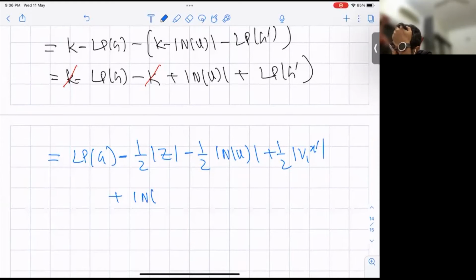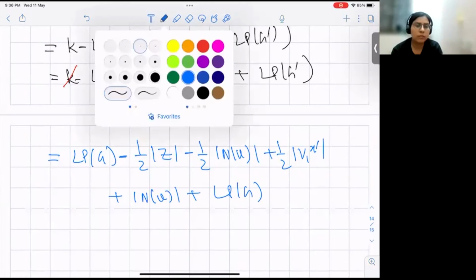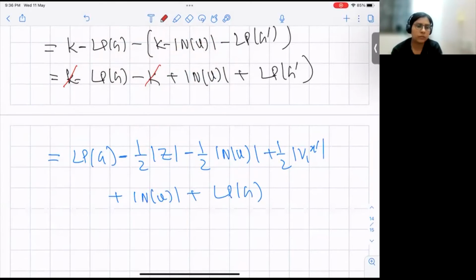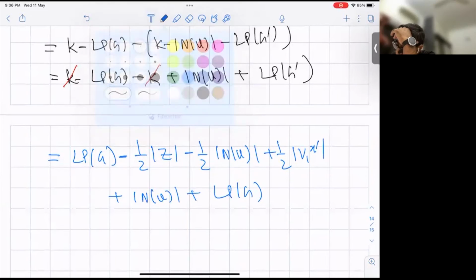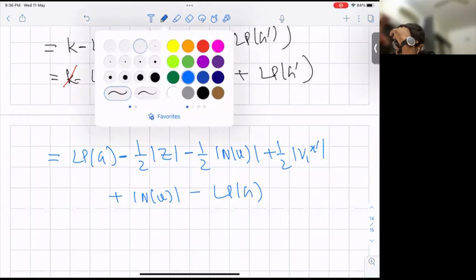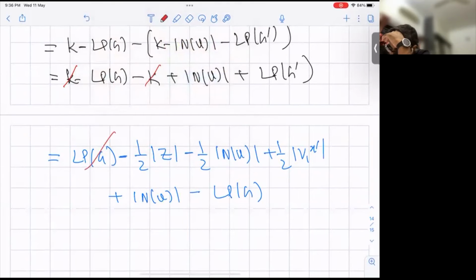So this is LP of G prime we wrote. And what is this? N of V plus LP of G. So what will get cancelled now? This is minus LP of G. Oh, I'm sorry. Excellent. At least this much I can cancel, no?